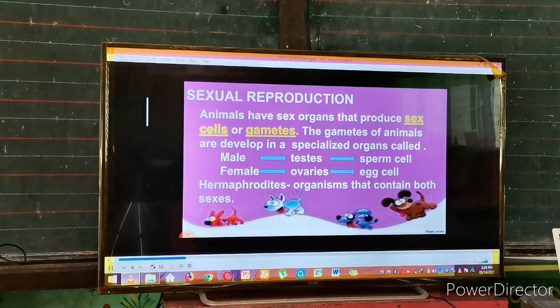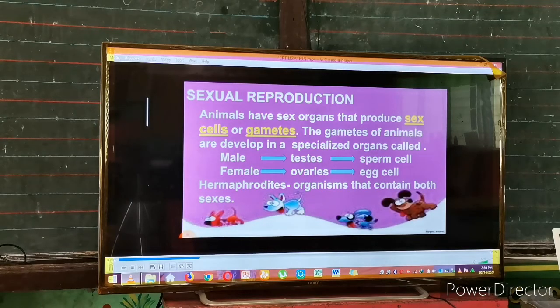Animals have sex organs that produce sex cells or gametes. Sa sexual reproduction, ang animals, katulad ng human being, meron din silang reproductive system na binubuo ng mga reproductive organs. Sa sex organs nila, nagpo-produce din ito ng sex cells or pwede nating sabihin gametes. The gametes of animals are developed in a specialized organ.